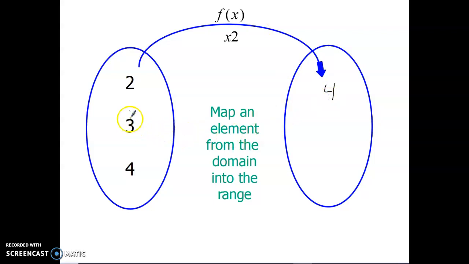Same thing for 3. I'll take 3, multiply it by 2, and I get 6. And then I take 4, and I multiply it by 2, and I get 8. So every element from the domain can be mapped onto an element from the range. That's what a function does.